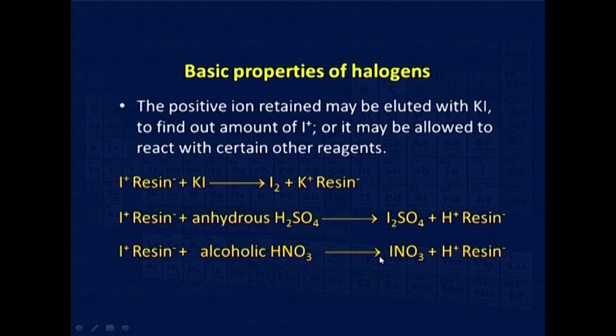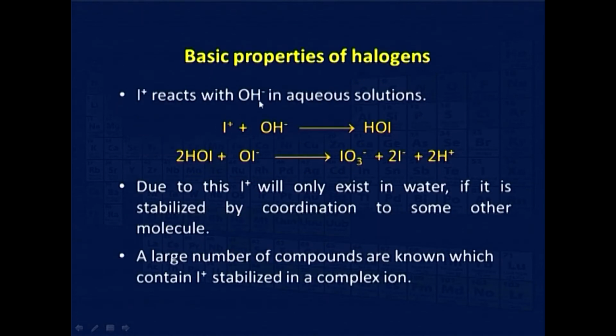The positive ion retained may be eluted with potassium iodide to find out the amount of iodine cation, or it may be allowed to react with certain other reagents. Here the iodine cation is eluted with anhydrous sulfuric acid, and it can also be done with alcoholic nitric acid. Iodine cation reacts with hydroxide ion in aqueous solution like this.